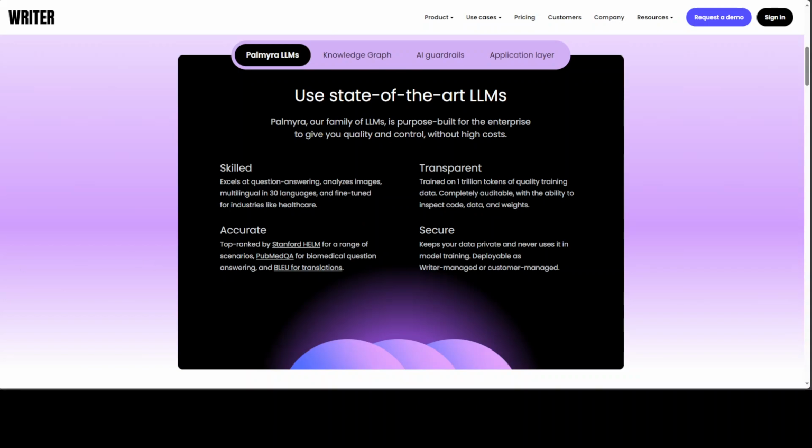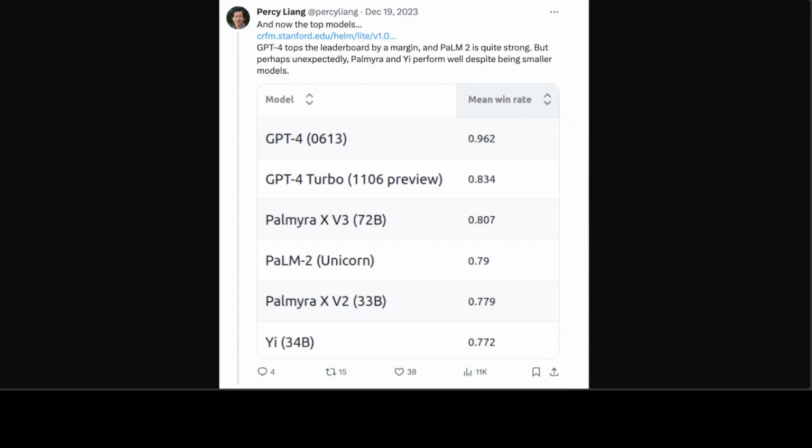If I look back at this benchmark again, GPT-4 still tops it, but as we can see, the Palmyra X V2 and Palmyra X V3 models have performed really well, and they are way smaller than GPT-4, which is not a small undertaking.